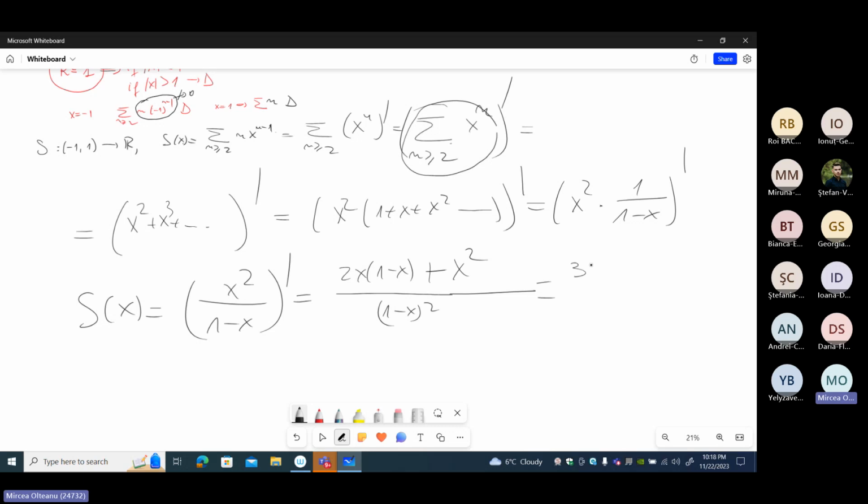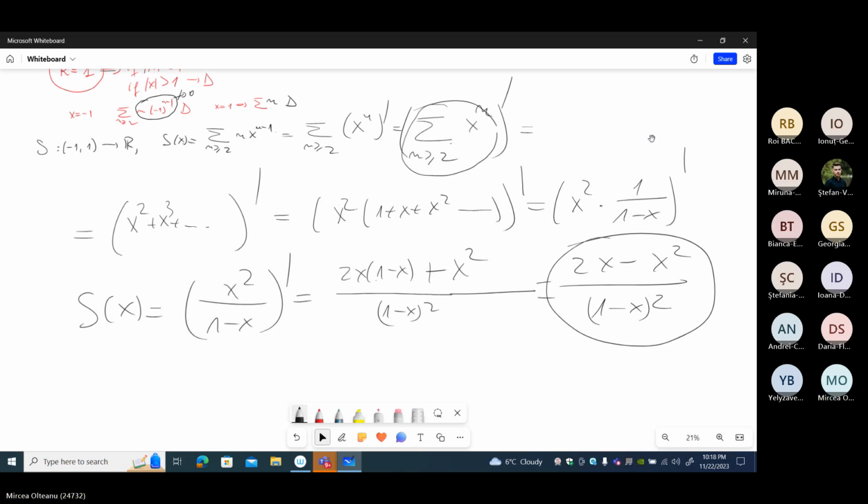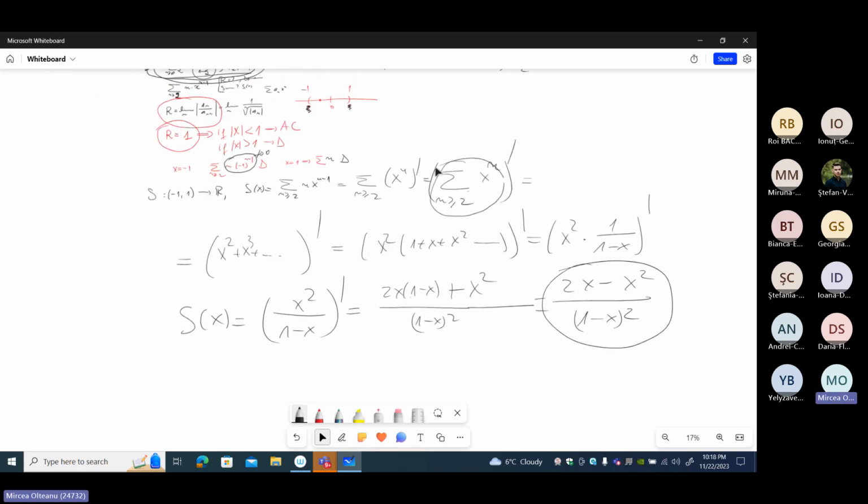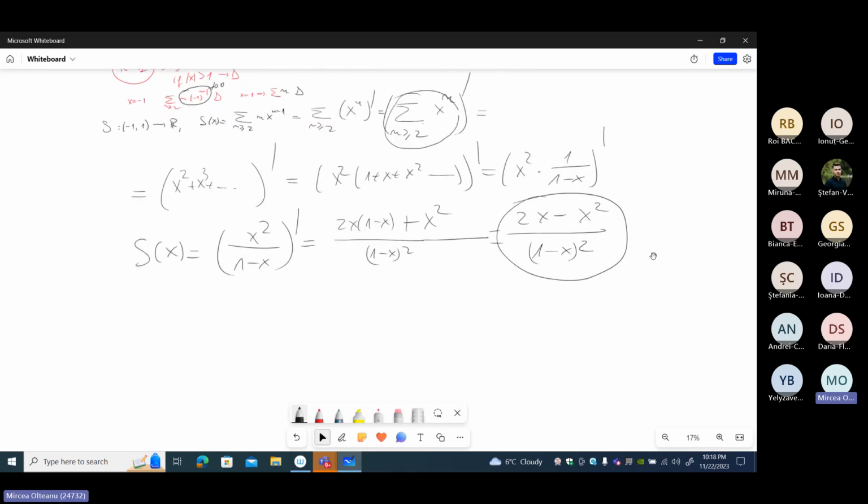So it will be 3x^2. No, sorry. We have (2x - x^2)/(1-x)^2. Okay, this is it. This is the sum of the series. Actually, what we did here was to integrate that. Here we observe that this is the derivative directly.